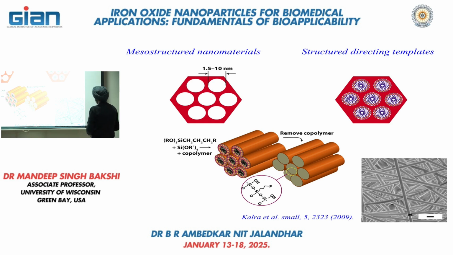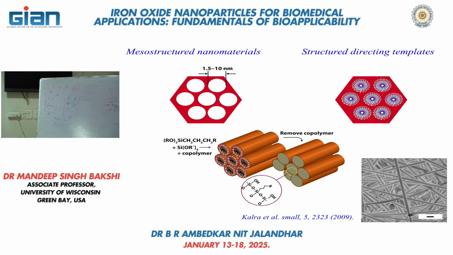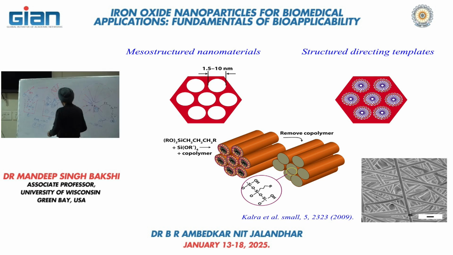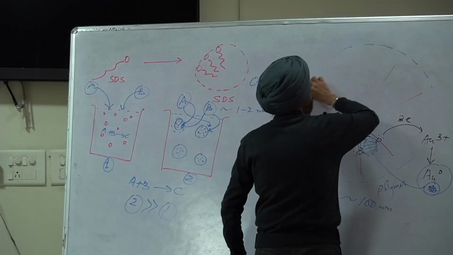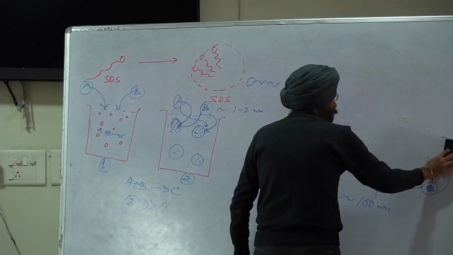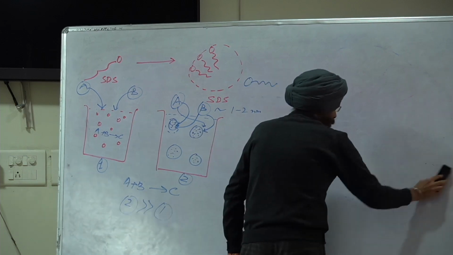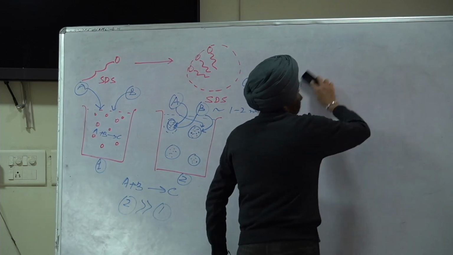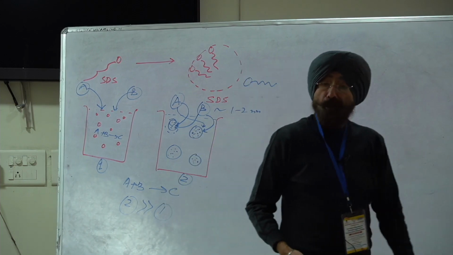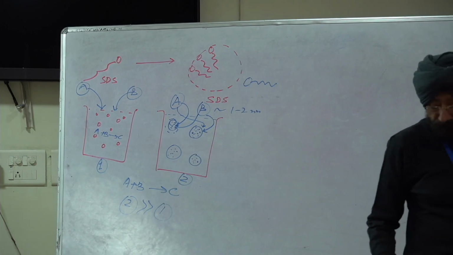Now, suppose I have the micelles of SDS or CTAB, as I mentioned earlier, with much smaller size in comparison to that of the polymeric micelles. Okay. Now, how can we use them as template?